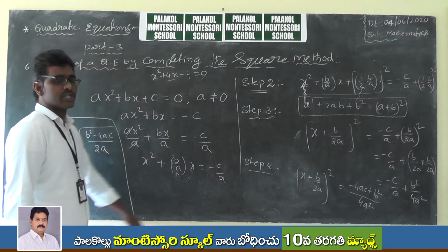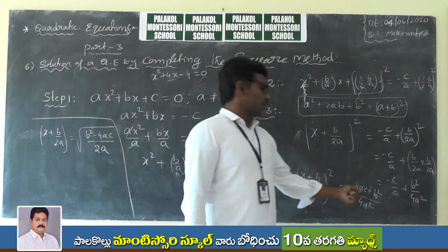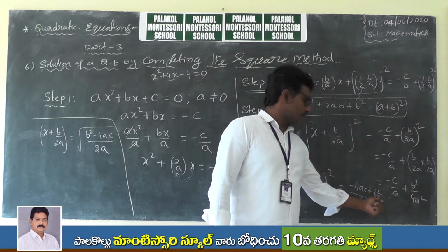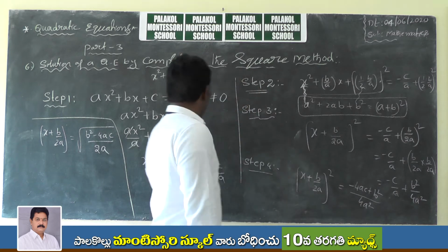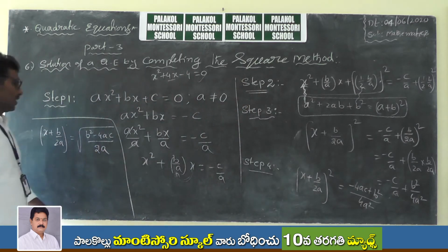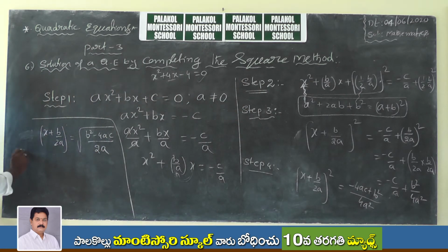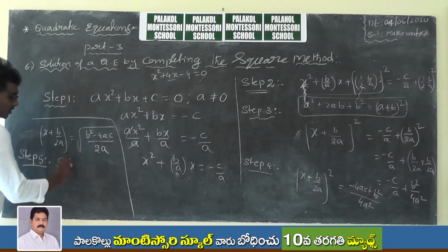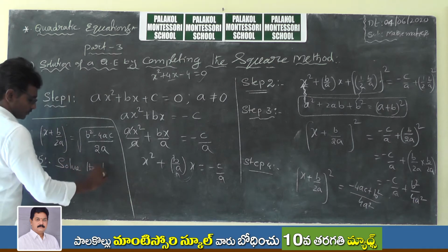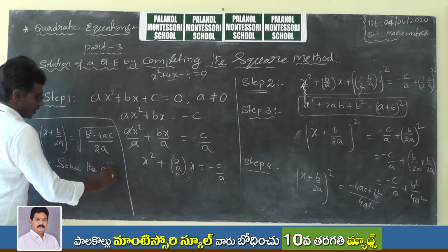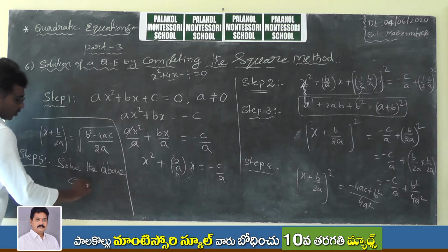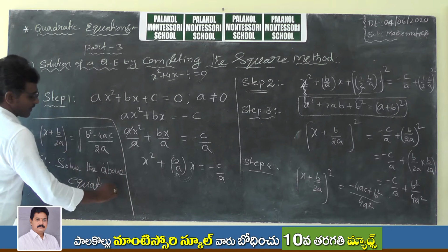Here plus b square, here the term is plus, so plus b square minus 4ac by 2a. Now see step 5. Solve the above equation. You get the x values.